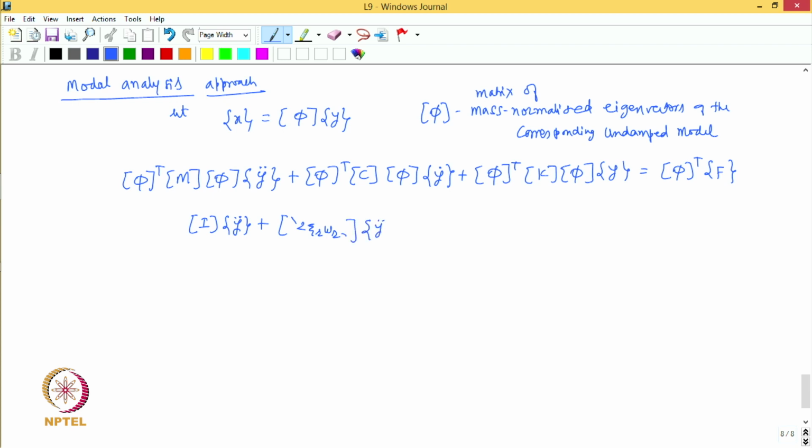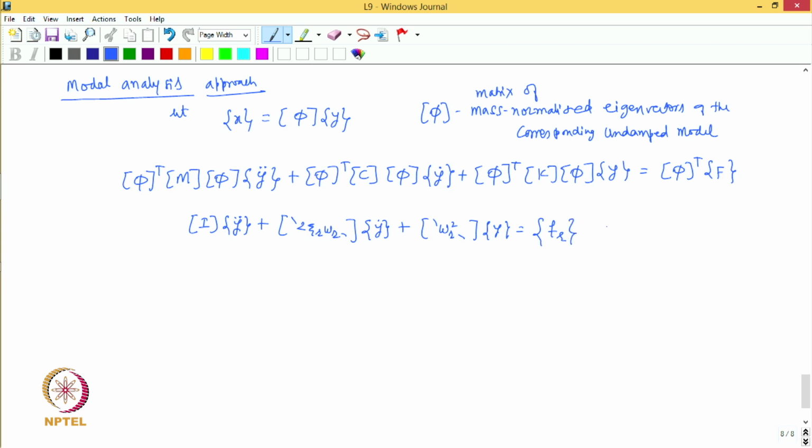Then y dot vector plus, phi transpose k phi would be nothing but the matrix of eigenvalues of the corresponding undamped model, a diagonal matrix with omega r square on the diagonal, times y. And phi transpose f will be the vector of modal forces. Let us call it Fr.